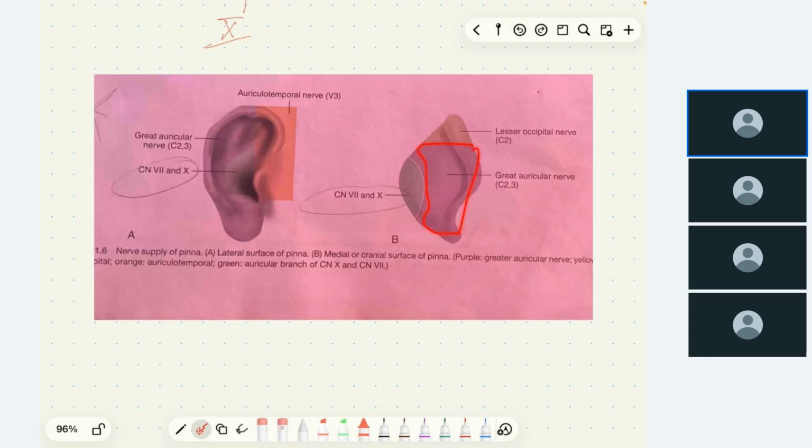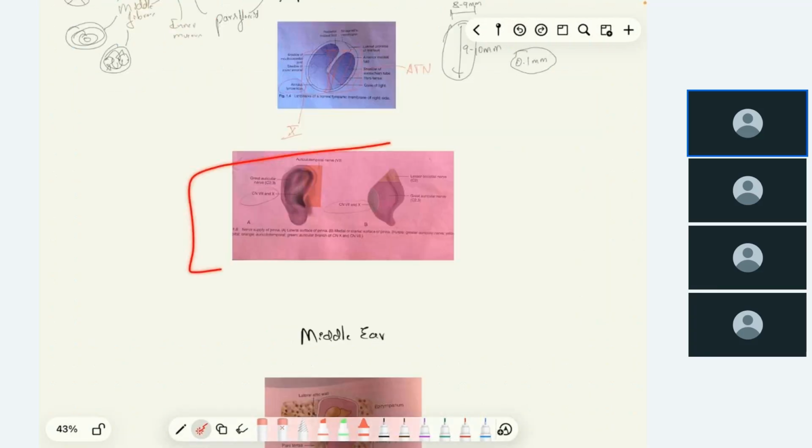Above that, the lesser occipital nerve joins to supply the upper part of the medial surface. The 7th and 10th nerves supply the posterior aspect of the medial surface of the pinna. I hope the nerve supply of the pinna is clear to you.